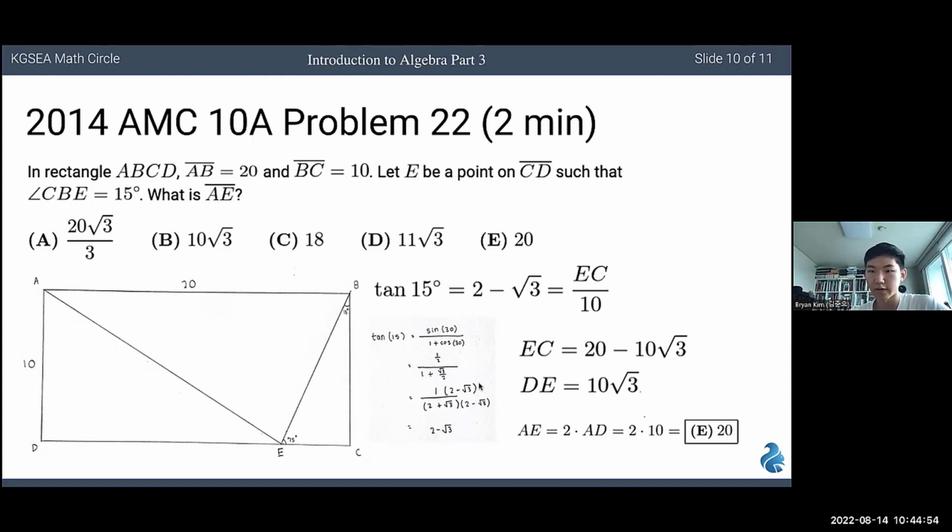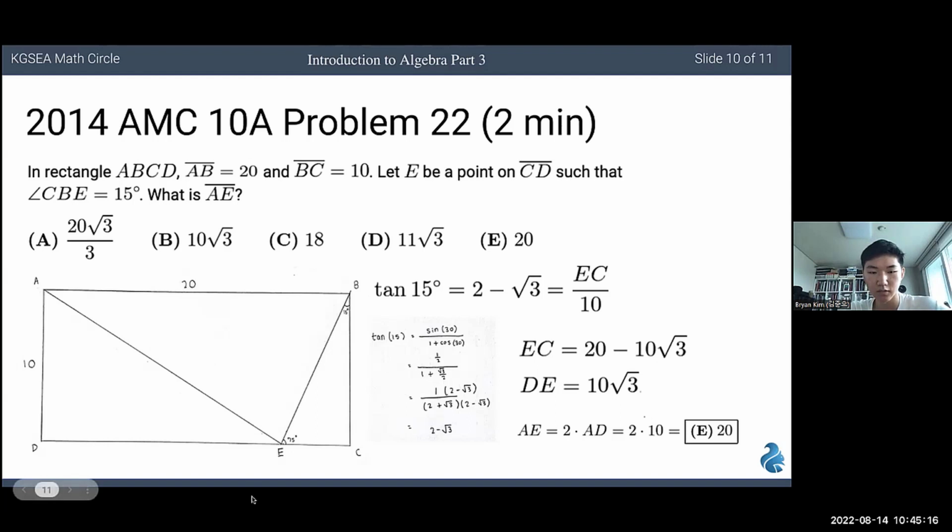And since we know the values of sine 30 and cosine 30, we're able to plug in the values 1/2 and root 3 over 2 respectively. And if we simplify the fraction, we are left with 2 minus root 3, which equals EC over 10. And through that, we're able to conclude that EC equals 20 minus 10 root 3.